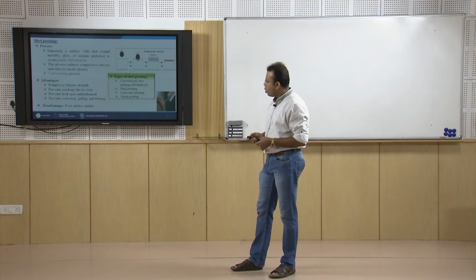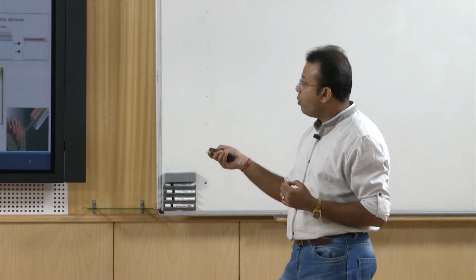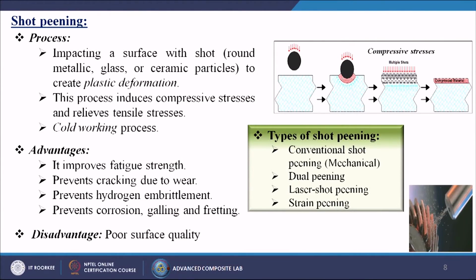Next one is called shot peening. Also in my previous slides I have already discussed shot peening, I am telling it again here, that we are going to use a certain kind of ceramic balls or ceramic particles, then from a certain height we are releasing those particles, and when they directly come into contact with the base material, they gain a certain kind of kinetic energy.